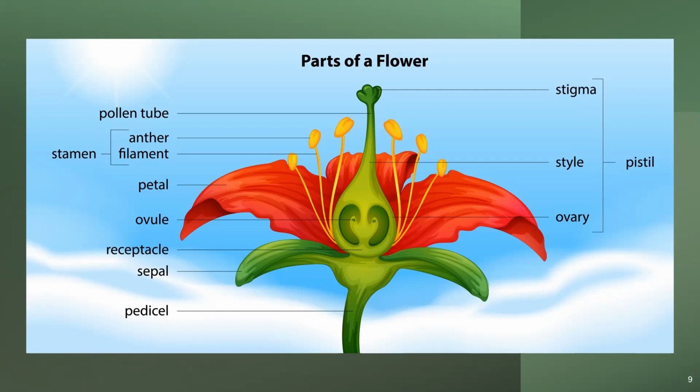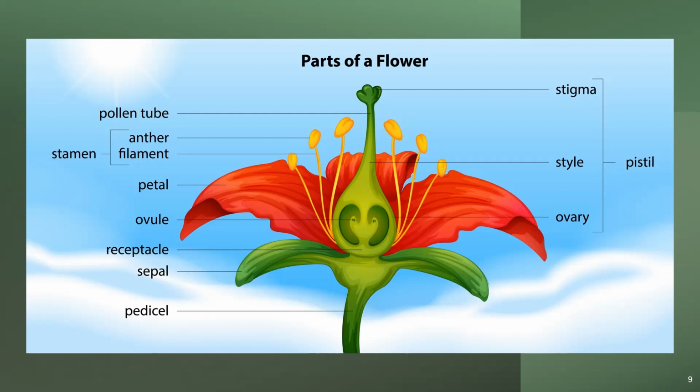The idea is that the pollinator will get covered in the pollen, and they'll brush against this, and some of that pollen will stick, and that begins the fertilization process. There's this tube, and at the bottom is the ovary, and that is where the seeds will develop. And so that is the female parts of the flower.